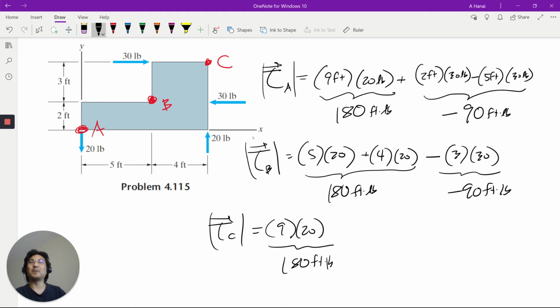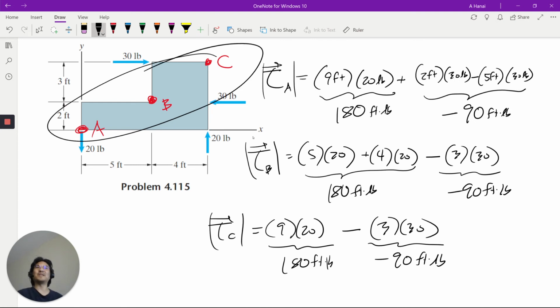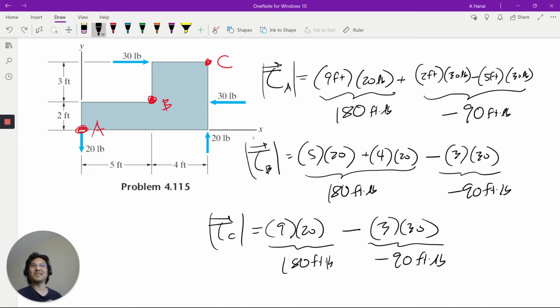And then about point C, for this, 0. Here to here is 3, and that's going clockwise, so negative. Again, it doesn't matter where you pick your point. The torque due to these couples is the same.